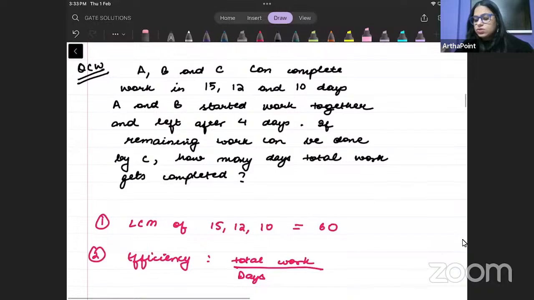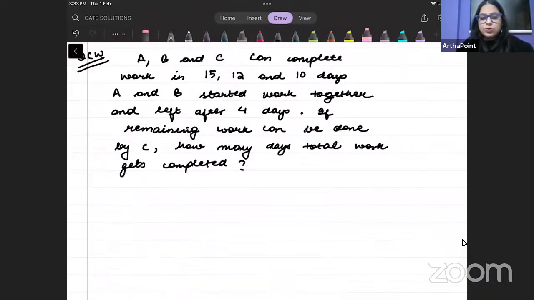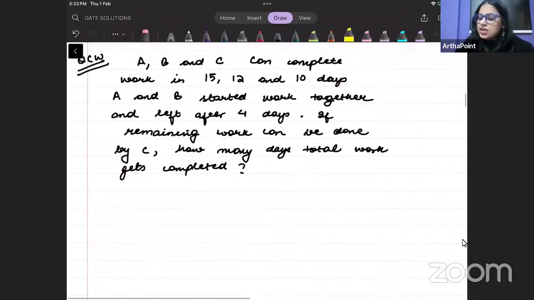Okay, come to the next question. This says A, B and C. Read the question carefully. A, B and C complete work in 15, 12 and 10 days respectively.